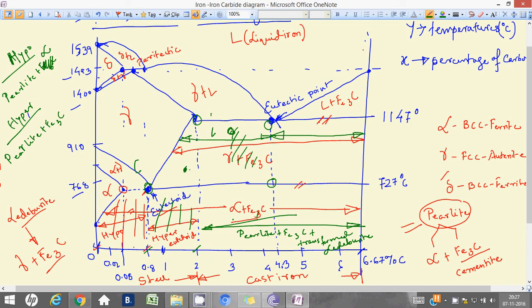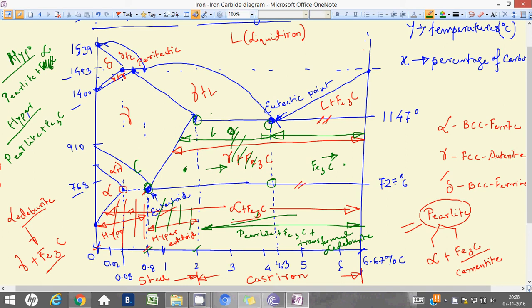But as we go from this point towards this point, what will happen? There will be less gamma and an increased amount of Fe3C as we move towards the right.